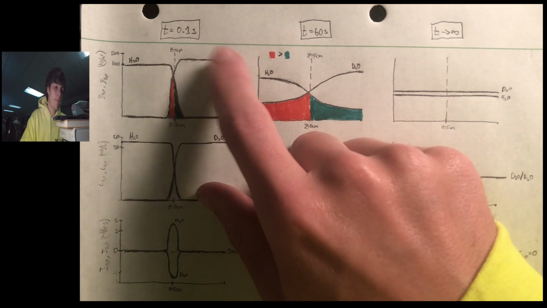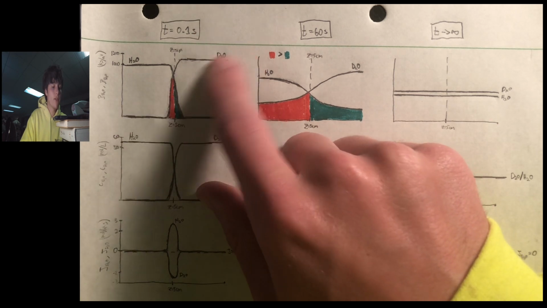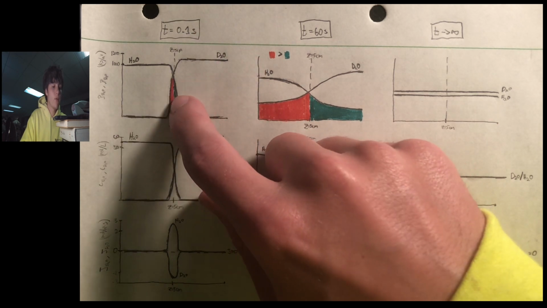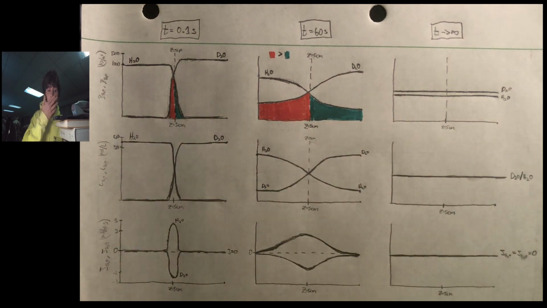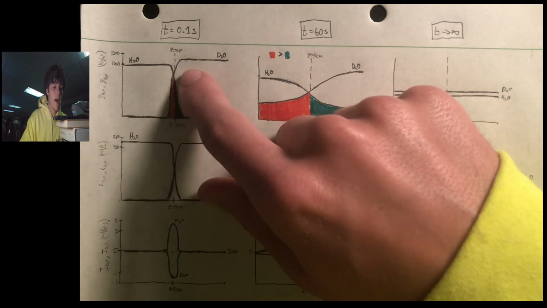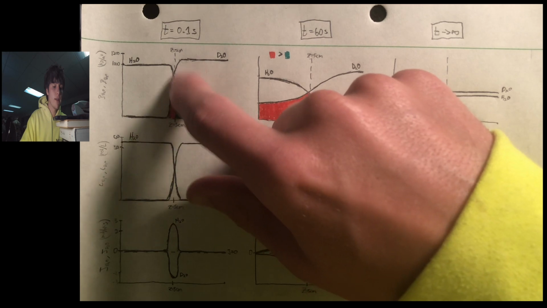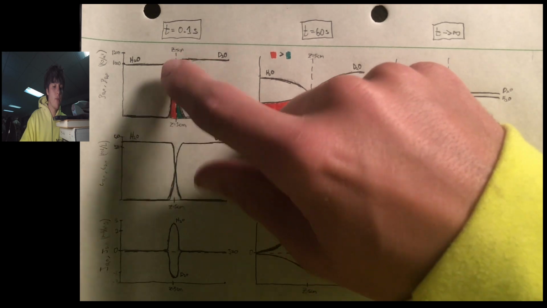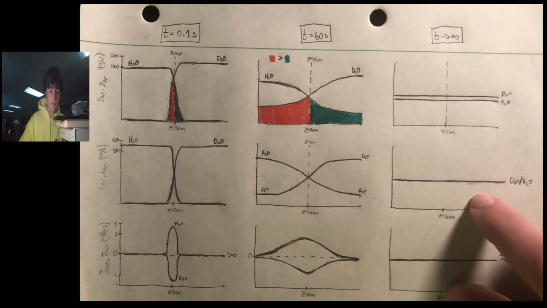But deuterated water is heavier, so it carries more mass. So the total amount of mass that goes to the left-hand side is not equal to the total amount of mass that goes to the right-hand side. And as you see here, looking at the concentration gradients, these are the slopes. The greatest slope occurs right there at z equals 5 centimeters.